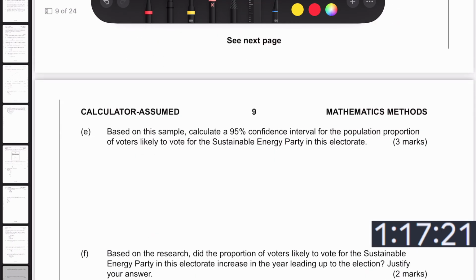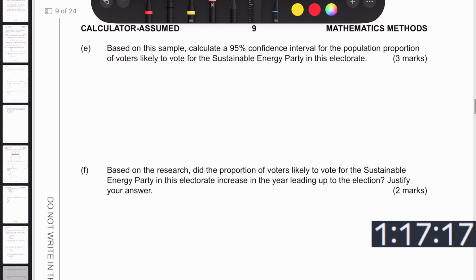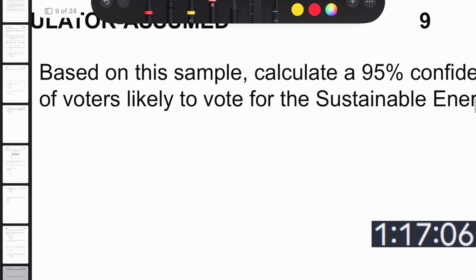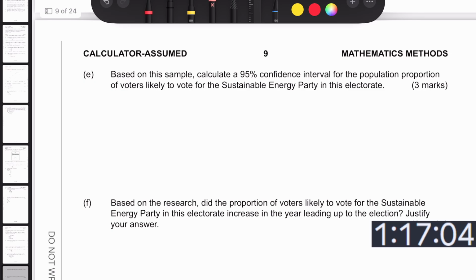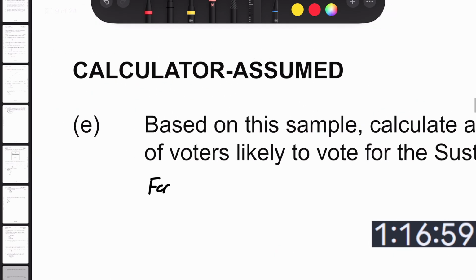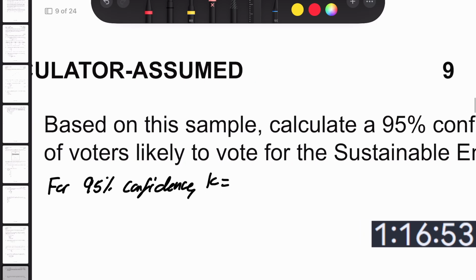Based on this sample, calculate a 95% confidence interval for the population proportion of voters likely to vote for the Sustainable Energy Party in this electorate. So for 95% confidence, k is going to equal 1.96.